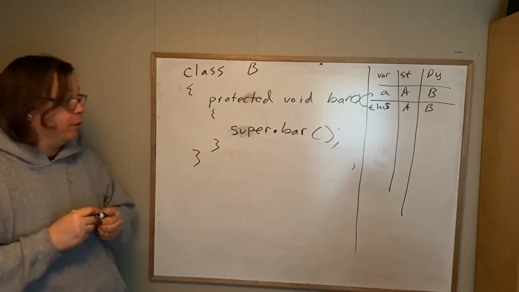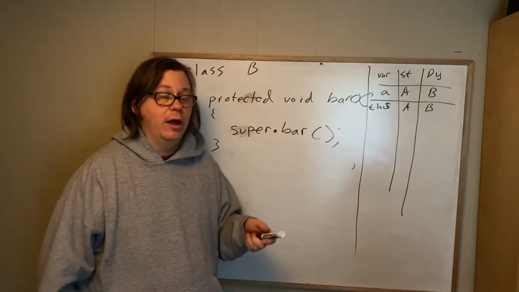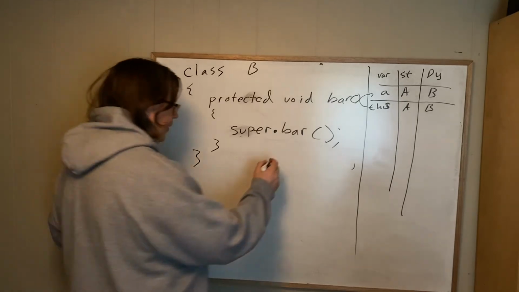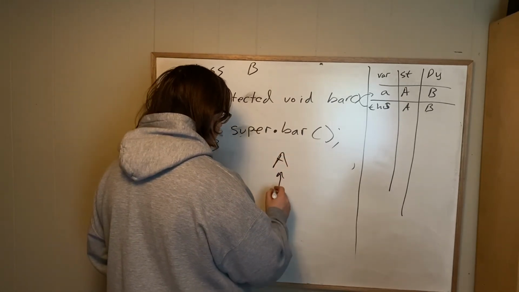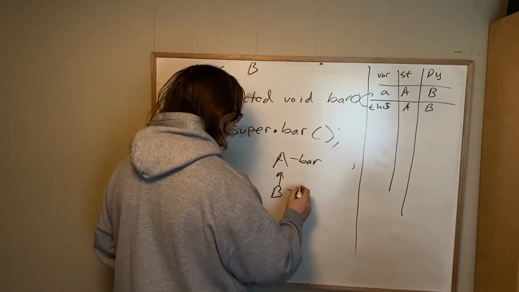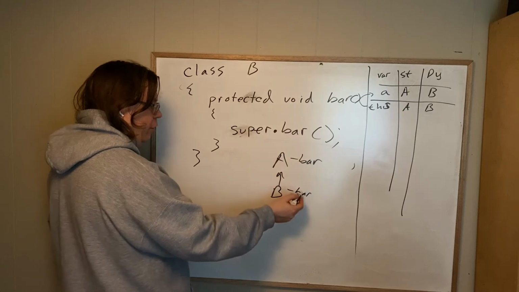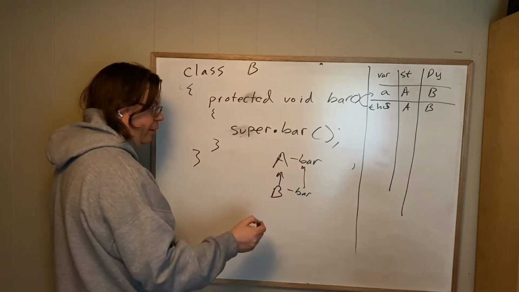And let's say it calls super.bar. So super means call the parent class. So let's say our hierarchy is like this. This has bar, and this has bar. So super.bar here, we'll call this method up here.